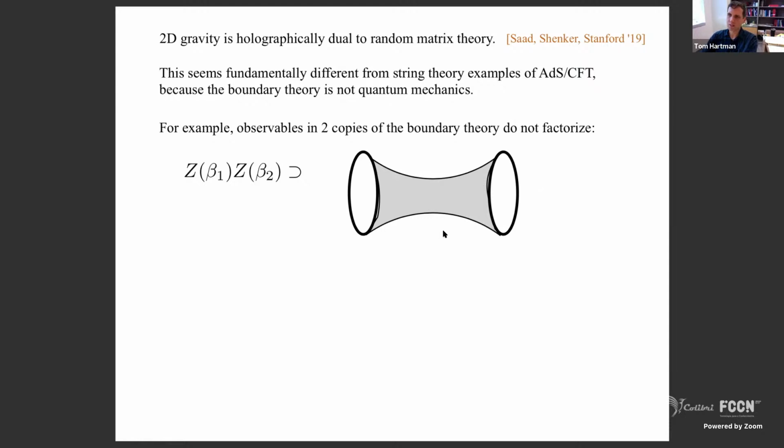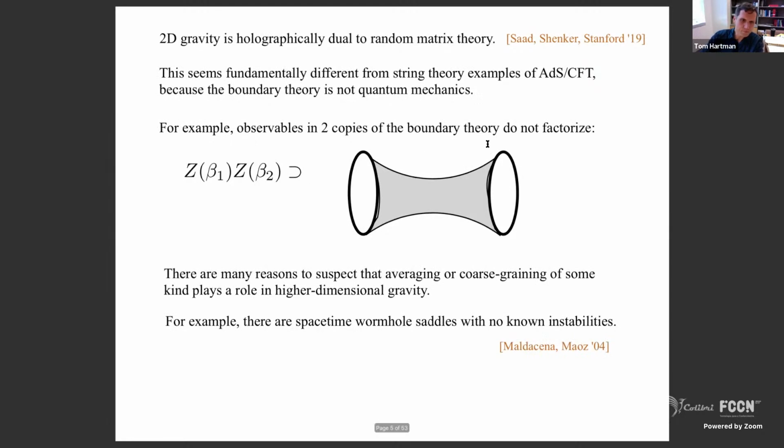Now, in this case, this is an off-shell path integral. It's not a solution of JT gravity, but the kinds of things that I'm going to talk about are mostly solutions, actually. So that's two dimensions, but there are many reasons to suspect that averaging or some kind of ensemble or coarse graining of some kind plays a role in higher dimensional gravity as well.